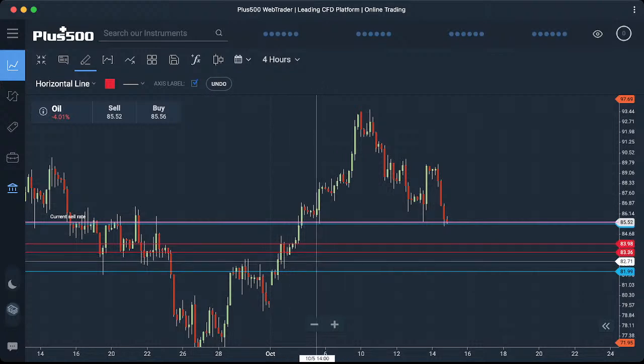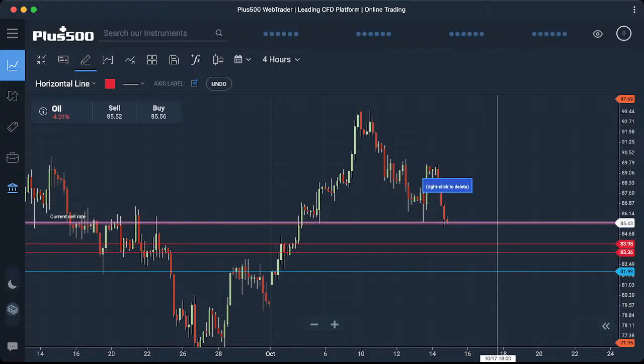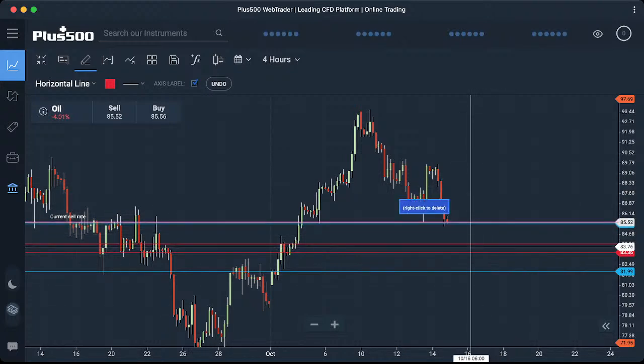So for the perfect order blocks, usually price is going inside the order block not more than 50%, which is the mean threshold. That is called mean threshold.